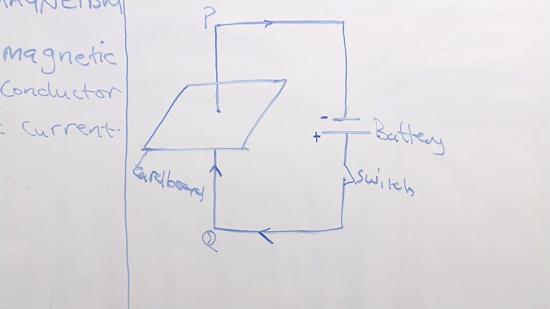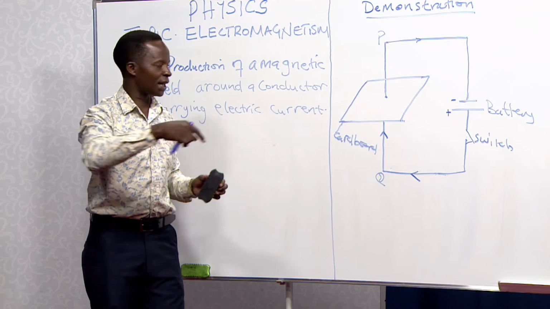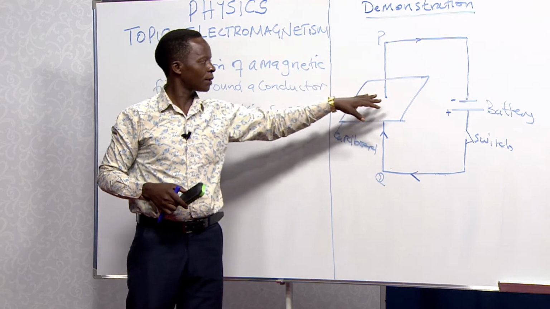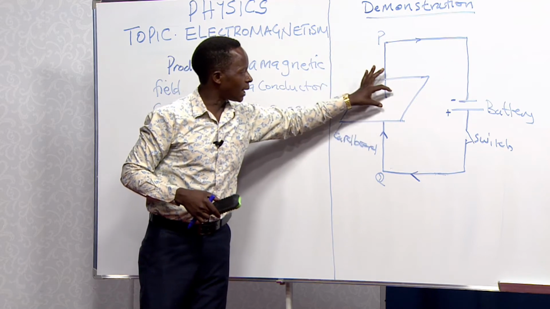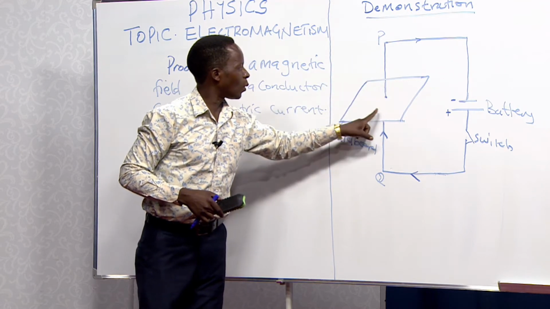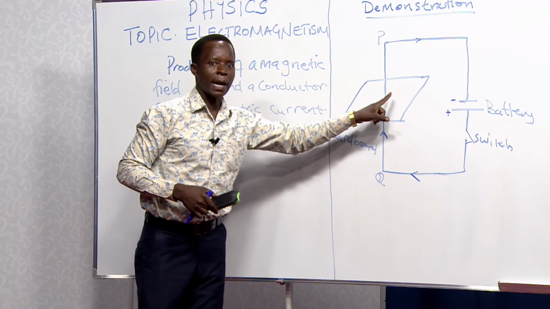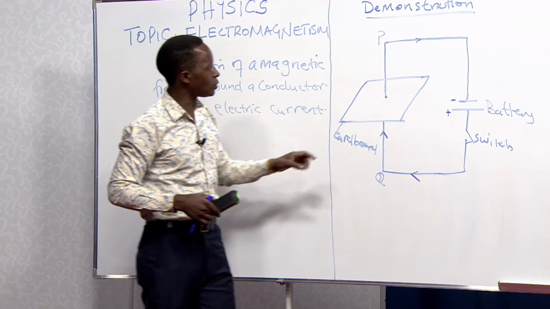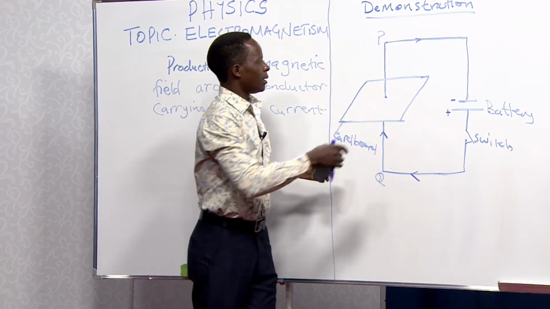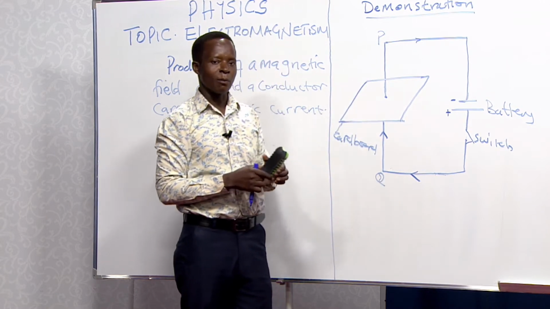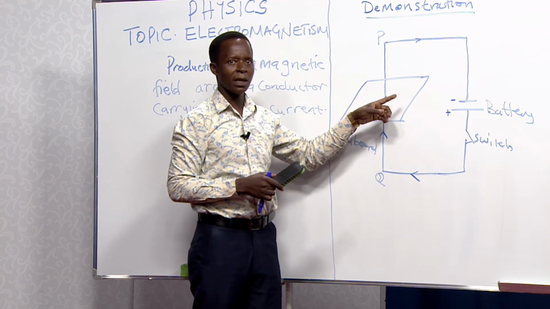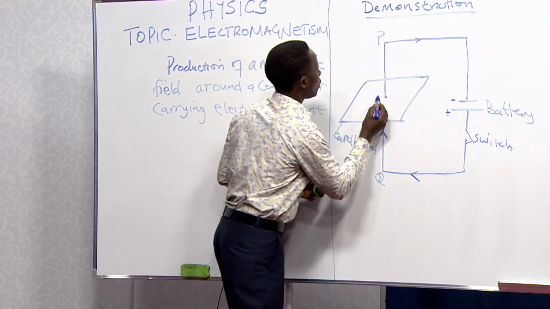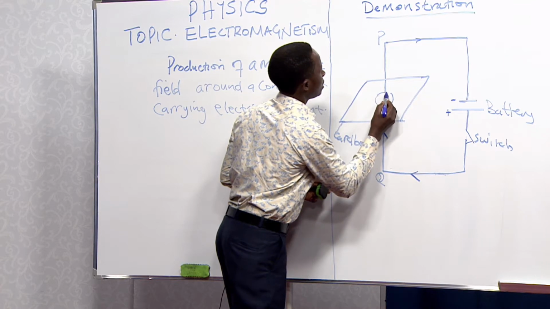You will observe the iron filings arranging themselves around this wire in concentric circles. In other words, the iron filings are going to form circles around this wire because of the magnetic field that has magnetized these iron filings.